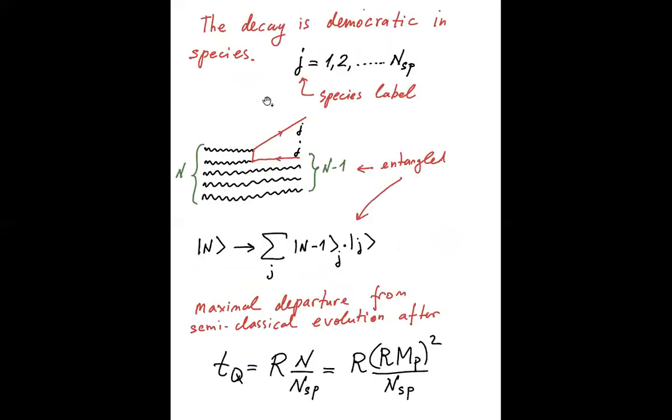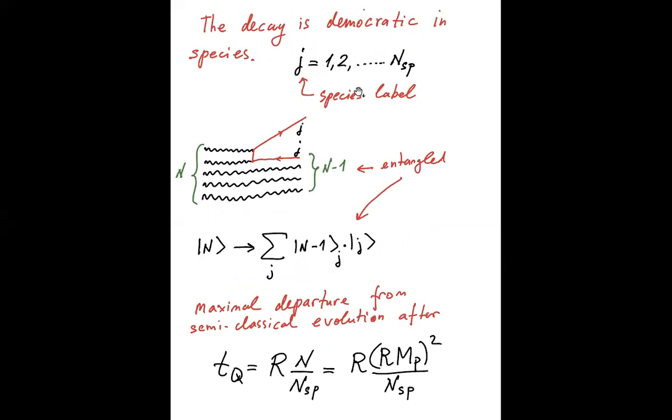Now, I want to explain the story with the quantum clock. This decay is, of course, democratic in species. So suppose you have different numbers of particle species in the theory, which we do. For example, in the standard model, we have approximately over 100 species. In string theory, you have many species, and so on.